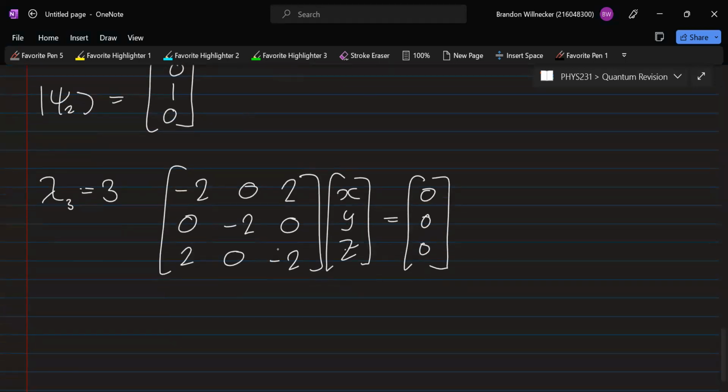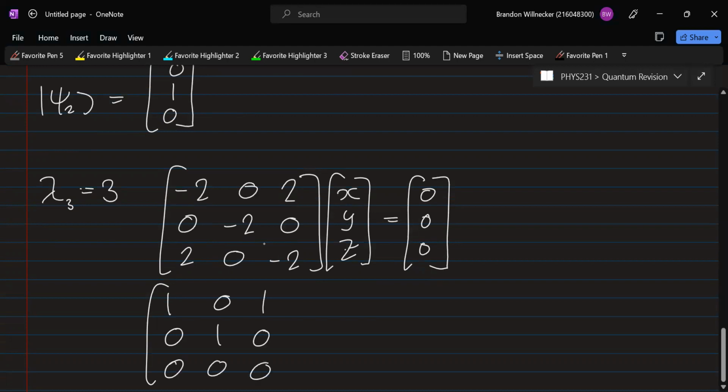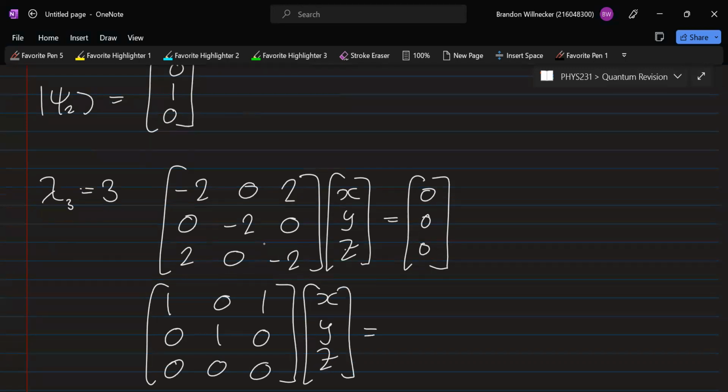Again, we can do row operations to simplify this. So we end up with 1, 0, 1, 0, 1, 0, and 0, 0, 0, similar to what we had before, times x, y, z, and this is still equal to 0, 0, 0.